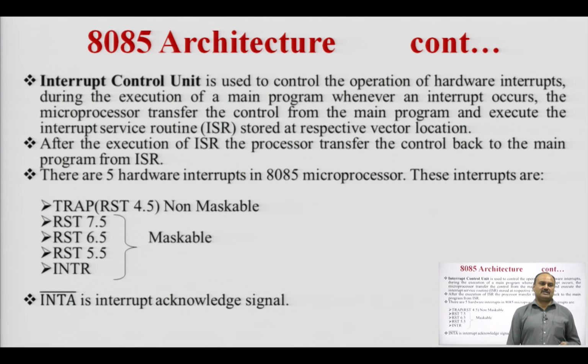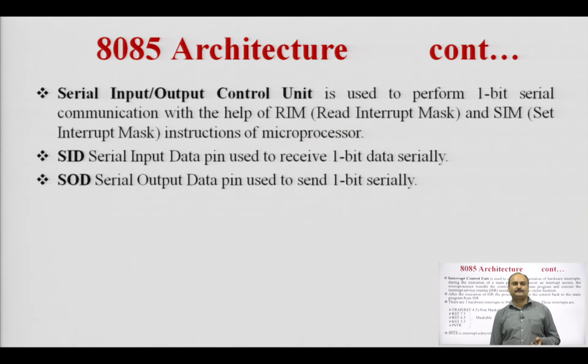In response to an interrupt signal, the microprocessor will generate an interrupt acknowledge signal, which is active low, to the interrupting device, indicating that the interrupt service routine is served by the microprocessor after the completion of the current instruction. Whenever an interrupt occurs, according to its priority, the microprocessor will serve the request with the help of the interrupt control unit.